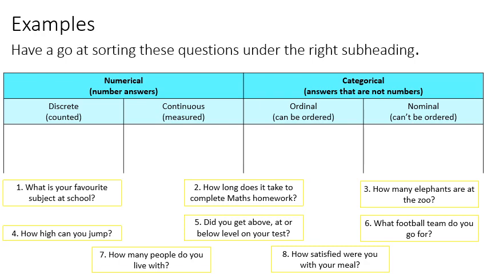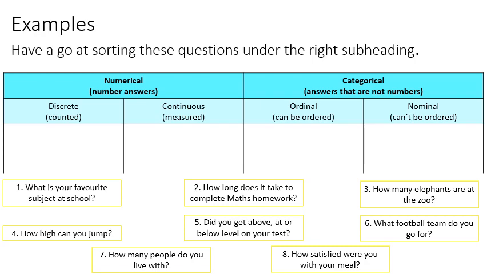So first question says, what is your favourite subject at school? The answers I might expect to get are things like English, science, maths. So because none of these answers are numbers, this type of data would be classed as categorical. Furthermore, there is no reason why maths should come before English or vice versa.